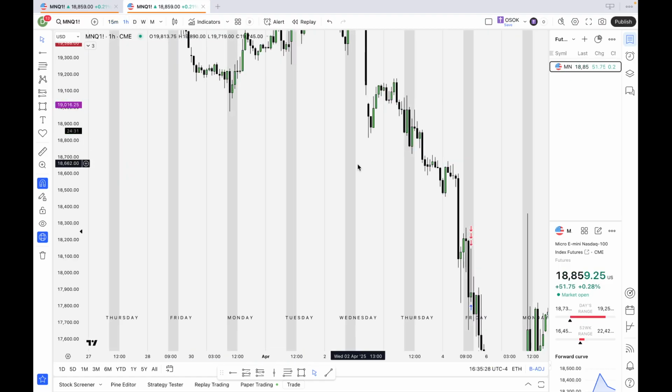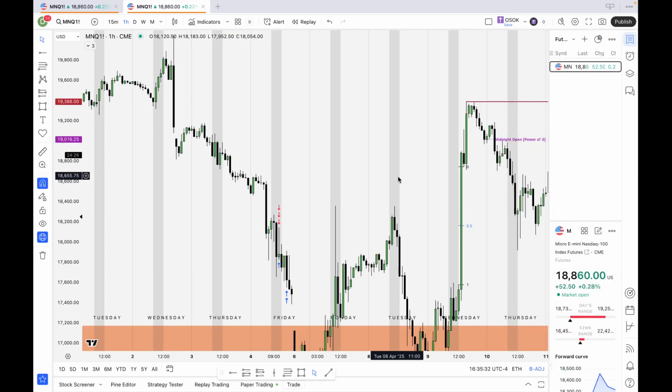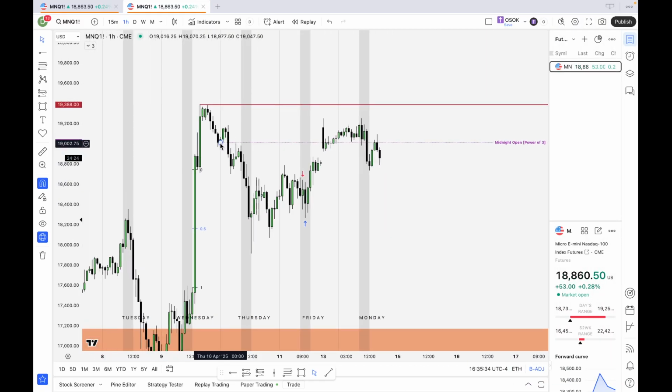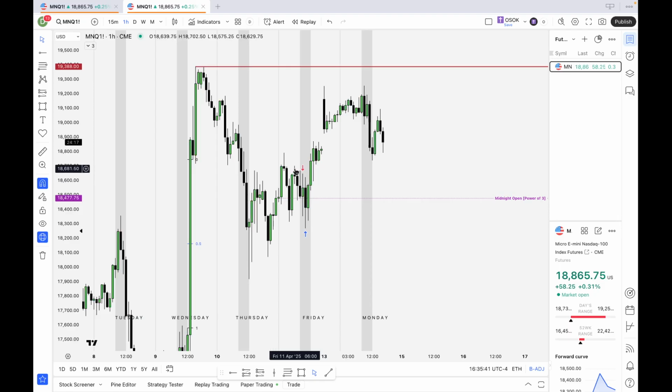However, on Friday I did get a trade. So same process, looking at midnight open, looking for any hourly PD arrays we're respecting or disrespecting going into our kill zone. I see this buy side here.